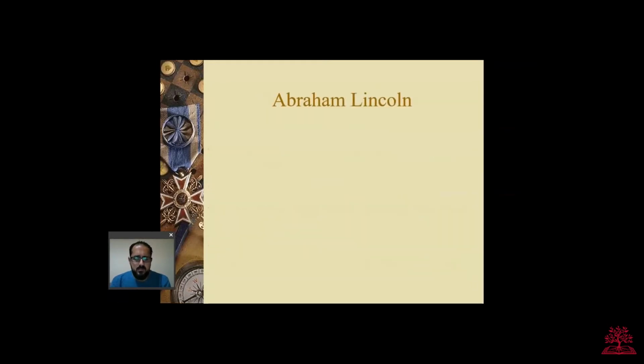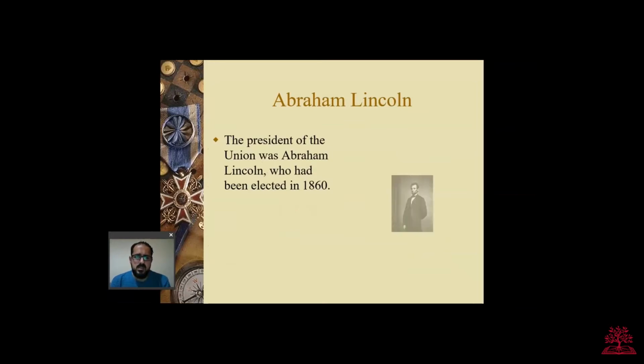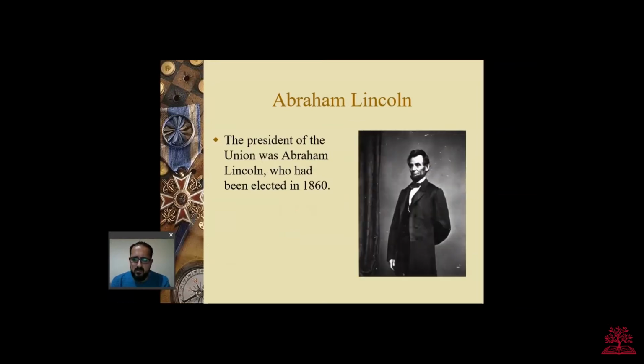Now, we're going to talk about the two presidents, one of the Union and one of the CSA, the Confederacy. The president of the Union was Abraham Lincoln, who had been elected in 1860. This is a picture of him. I think you know him from somewhere.